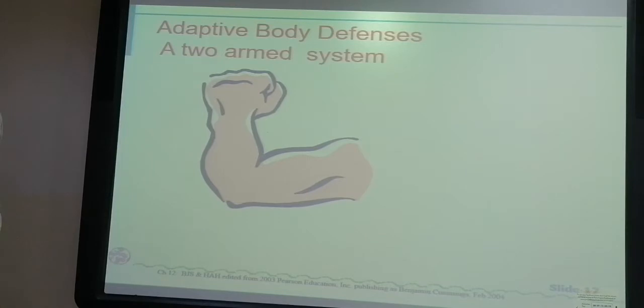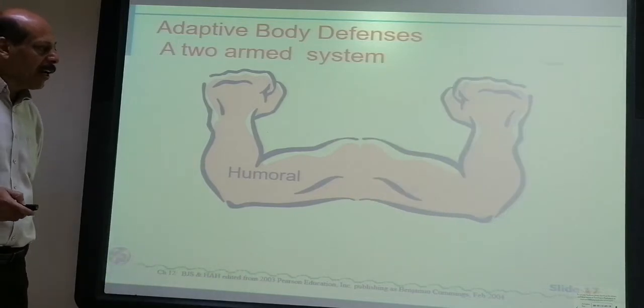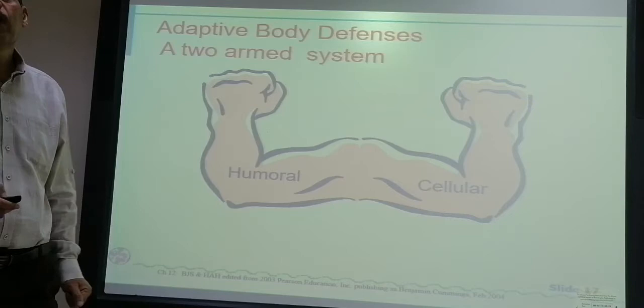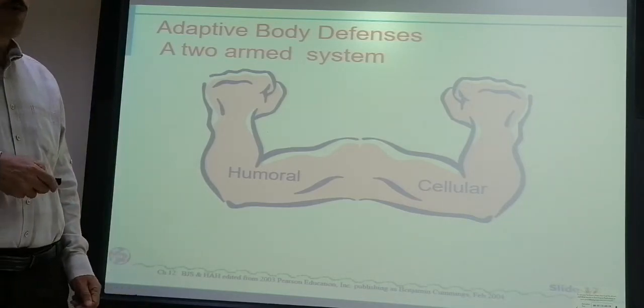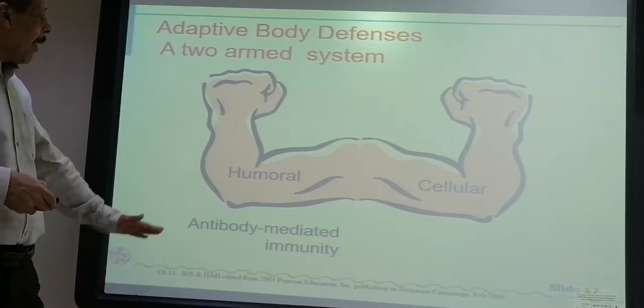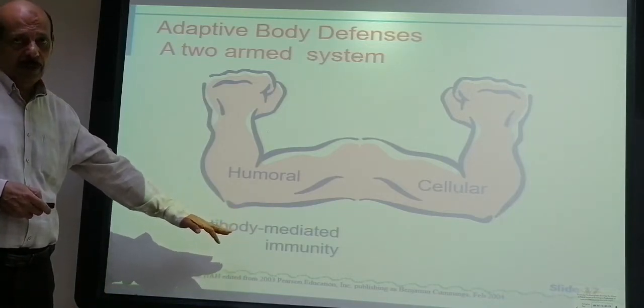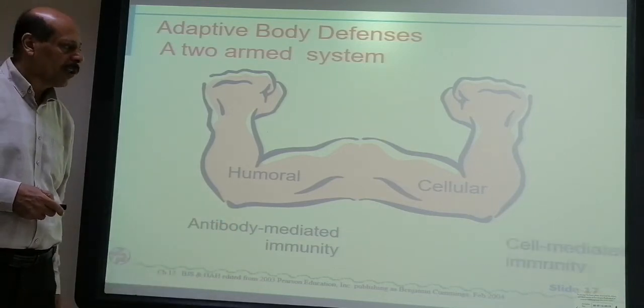It has two arms, or it acts in two ways. We have the humoral immunity and we have the cellular immunity. So it has two parts. The humoral immunity is the antibody-mediated immunity, the antibody which is formed.